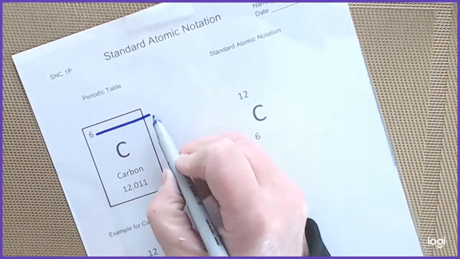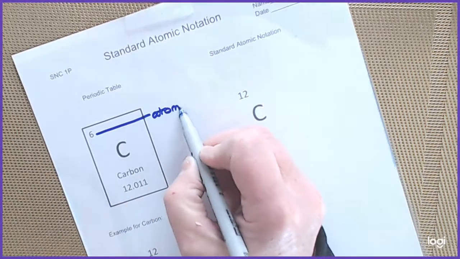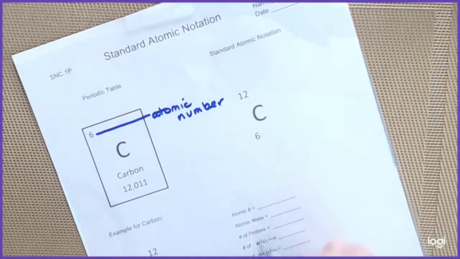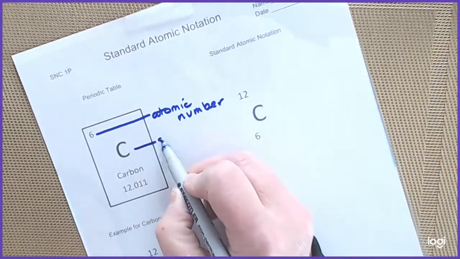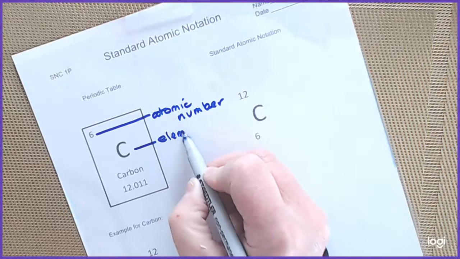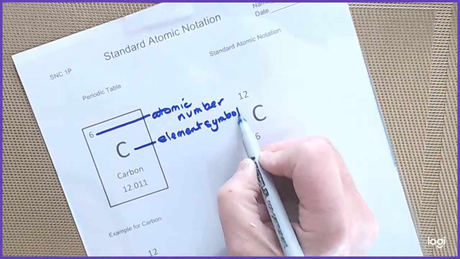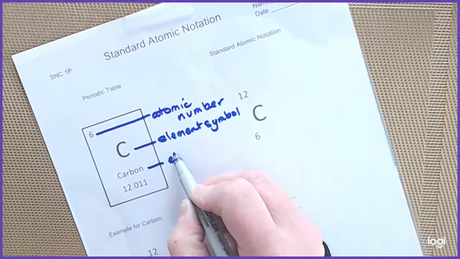We've got the atomic number. We've got the symbol of the element. We've got the element name.